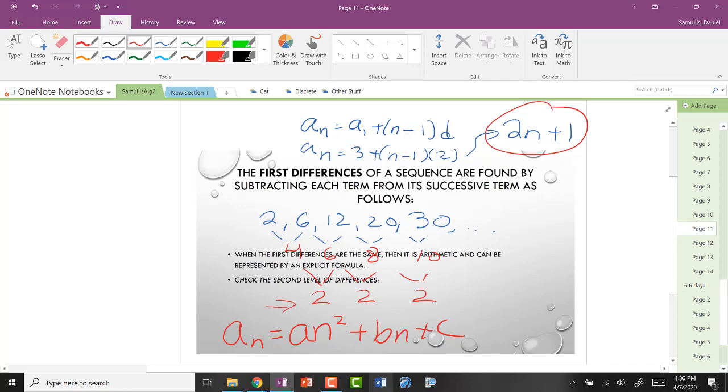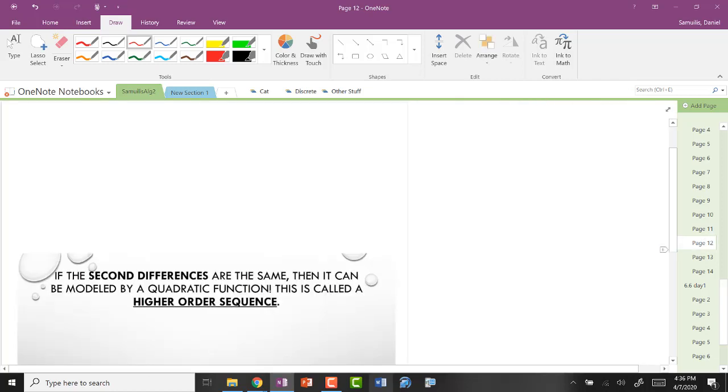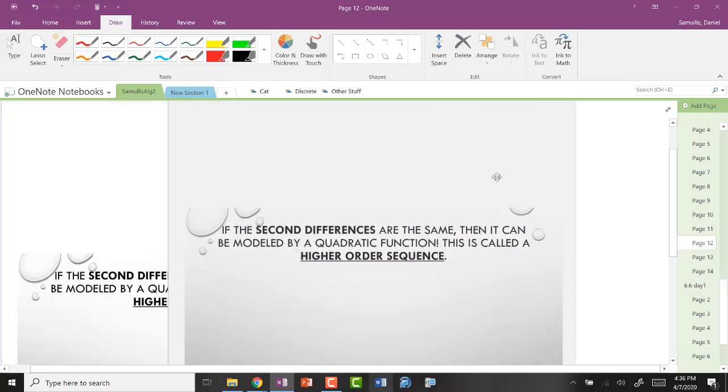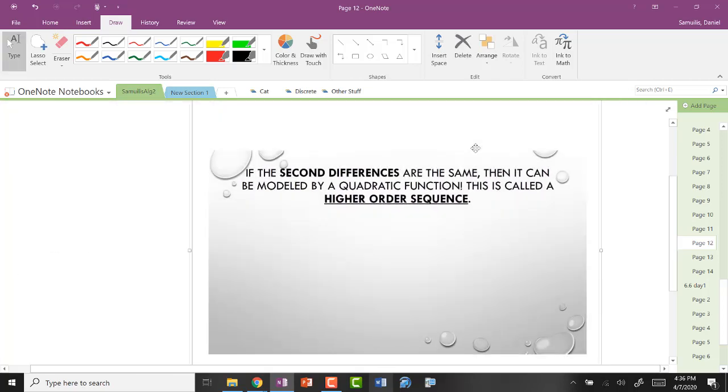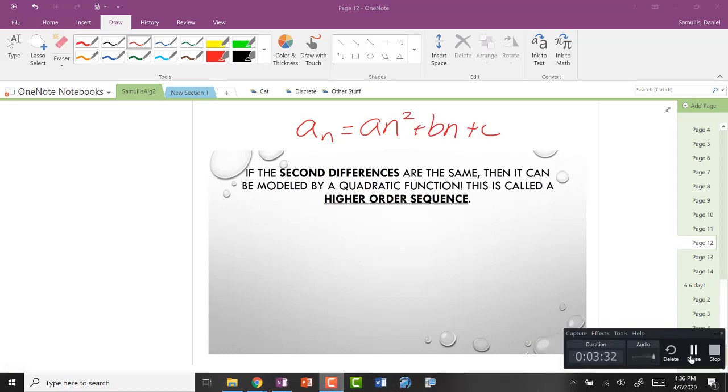How are we going to make this work now? Let me go to the next slide so I have more room. Again, rewriting what I had on my previous slide: a sub n equals an squared plus bn plus c.